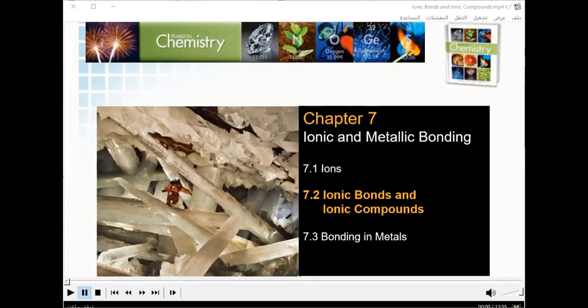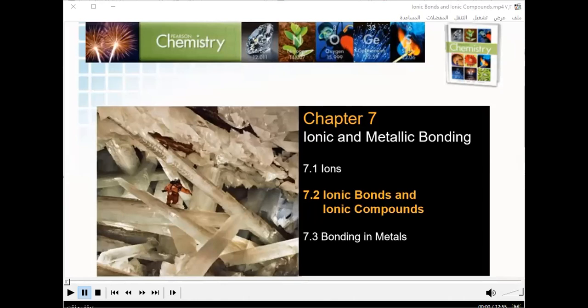Yes, an ionic compound is a compound composed of cations and anions. Repeat. Compound. Yes.